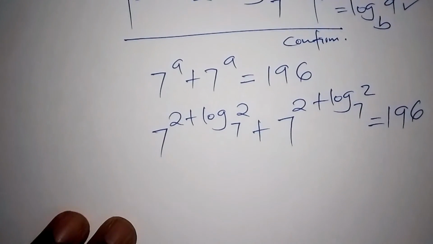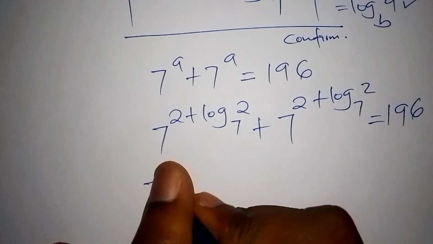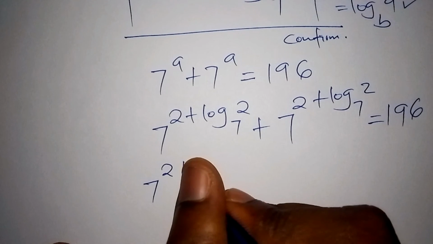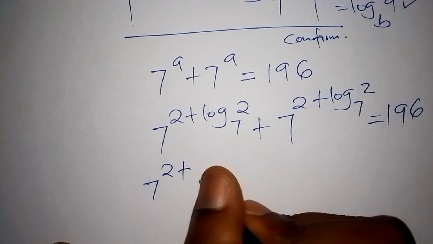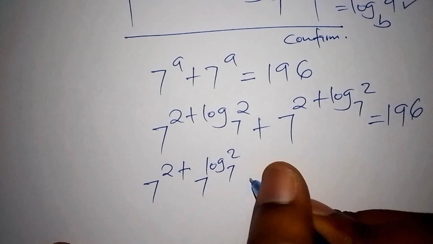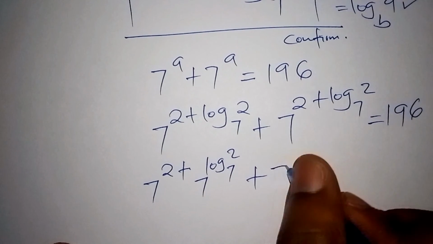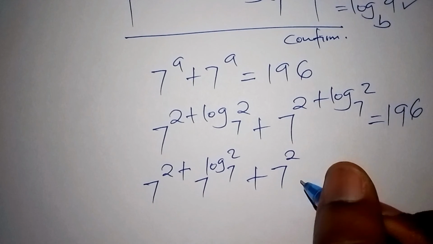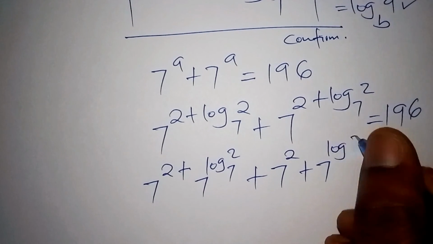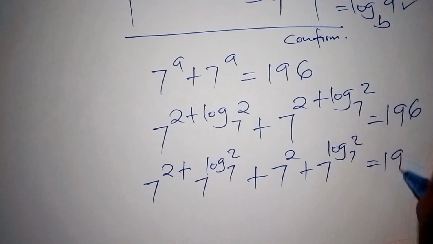So this one we can write as 7 to the power of 2, plus 7 to the power of the log of 2 to the base of 7, then plus 7 to the power of 2, plus 7 to the power of the log of 2 to the base of 7, is equal to 196.